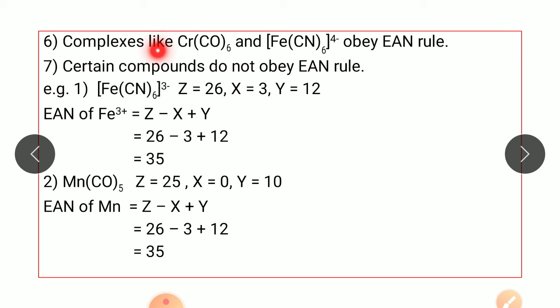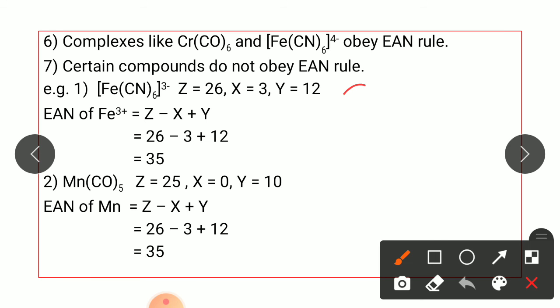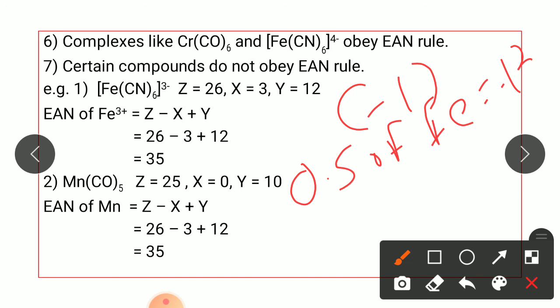Complexes like Cr(CO)6 and Fe(CN)6 4- also obey the EAN rule. But there are certain compounds which do not obey the EAN rule. Let's take the example Fe(CN)6 with the charge 3 minus. Here the atomic number of Fe is 26. Cyanide carries a minus 1 charge, so the oxidation state of Fe in the complex is plus 3. So it has lost 3 electrons, so X is equal to 3.